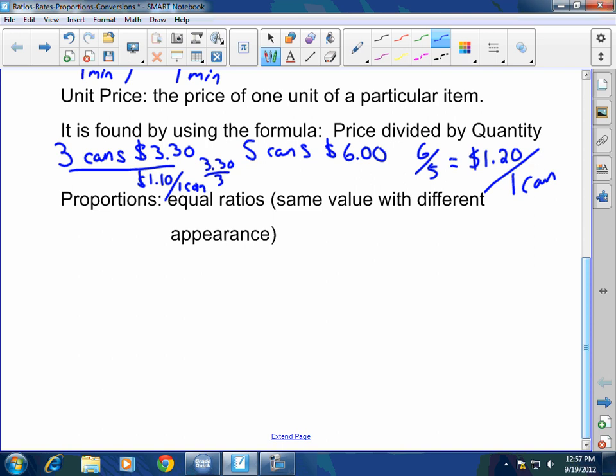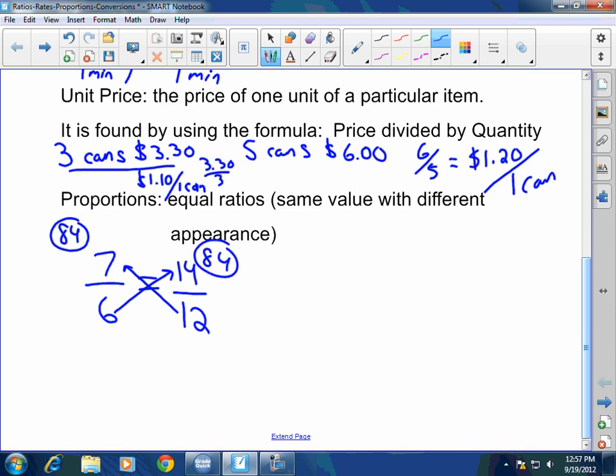For example, 7/6, is that proportional to 14/12? Well, a couple ways to do this. First of all, what's 12 times 7? 84. Got to sharpen up your math skills, guys. What's 6 times 14? 84. Are they the same cross products? So these are proportional.